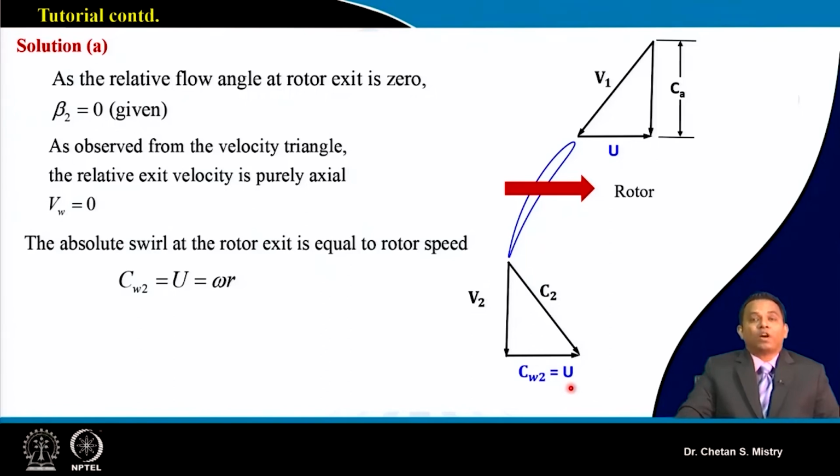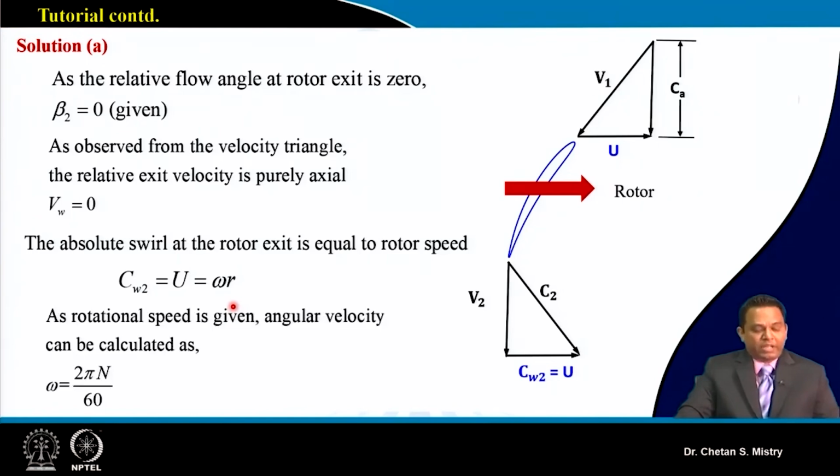So this gives us a hint how to start the calculation of the different velocity components. The very first calculation we can do is with the data given to us. It says my CW2 is equal to u, which is equal to omega into r.